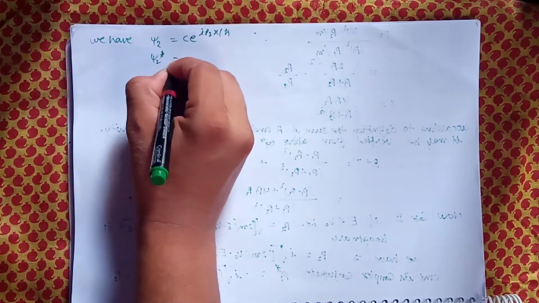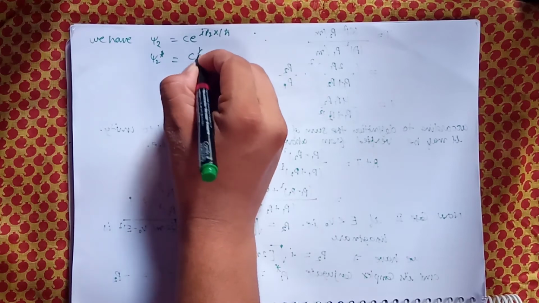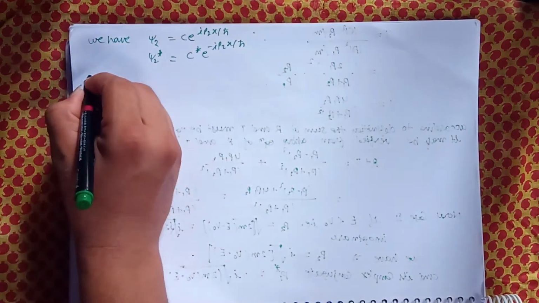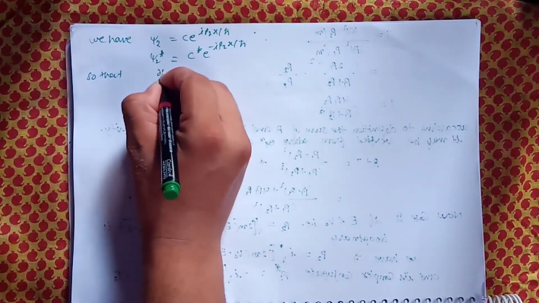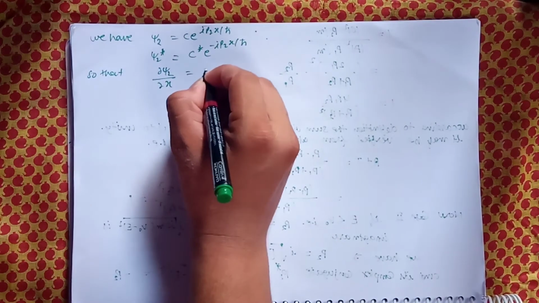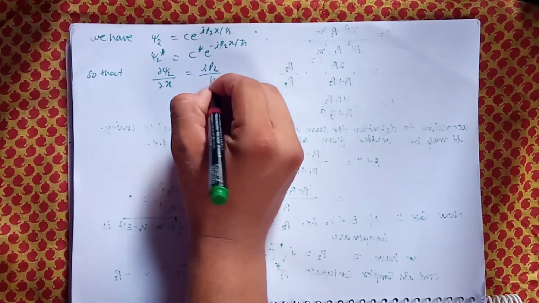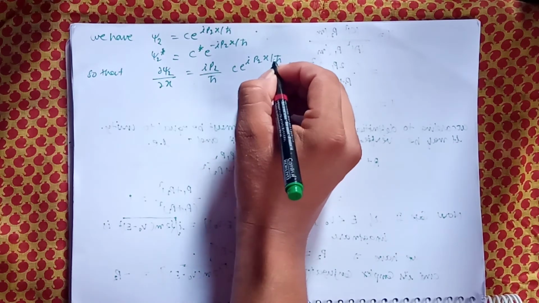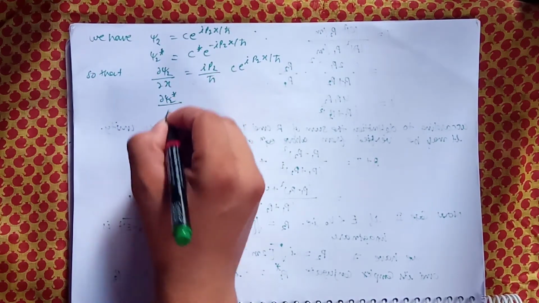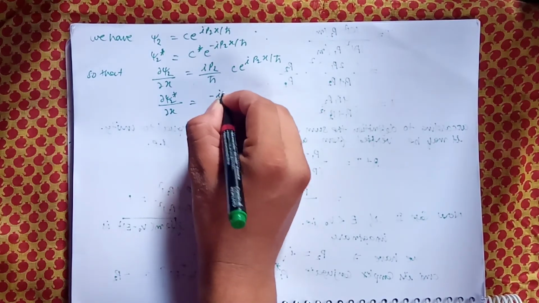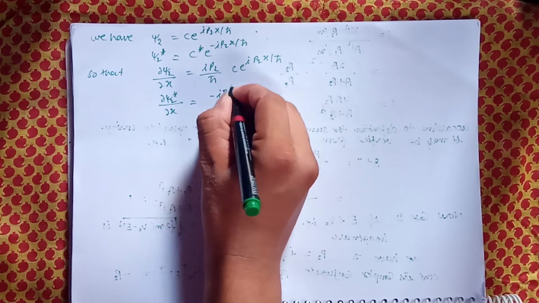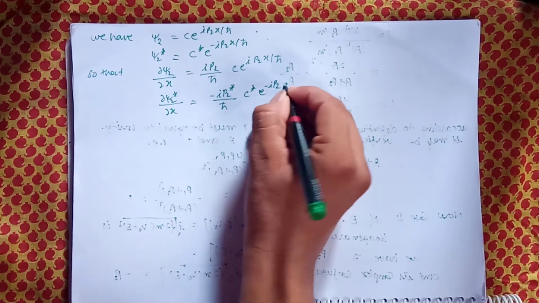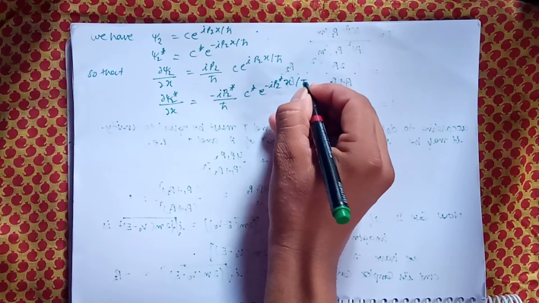Psi 2 star is equal to C star e raised to power minus iota P2 star x over h cut, so that del psi 2 over del x is equal to iota P2 over h cut C e raised to power iota P2 x over h cut, del psi 2 star over del x is equal to minus iota P2 star over h cut C star e raised to power minus iota P2 star x over h cut.